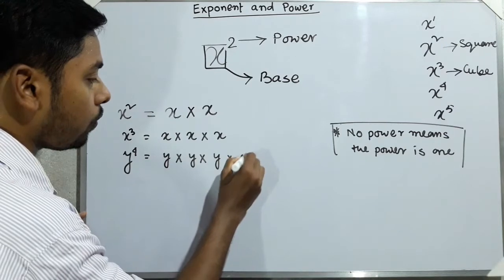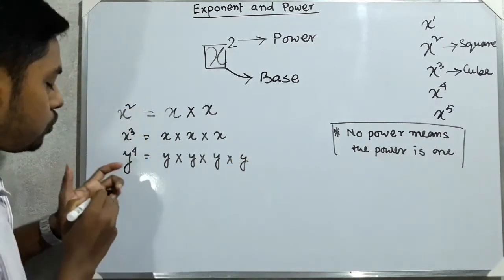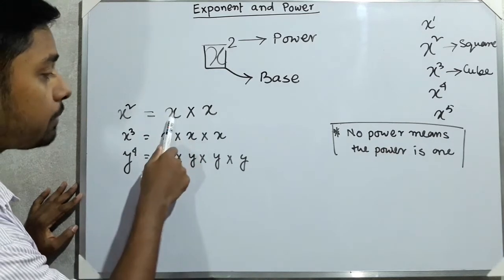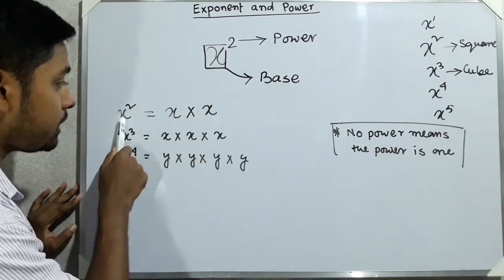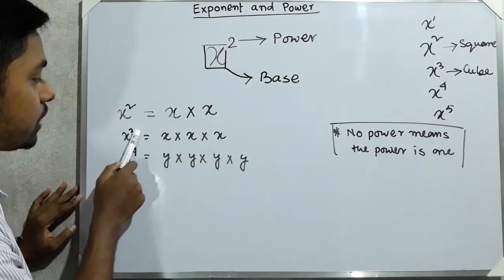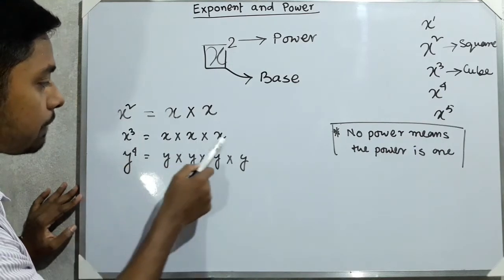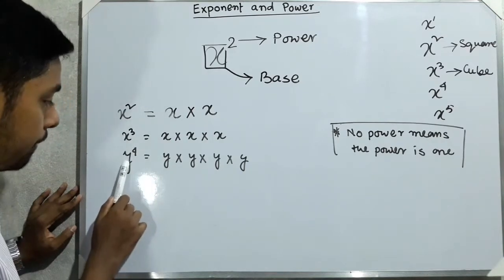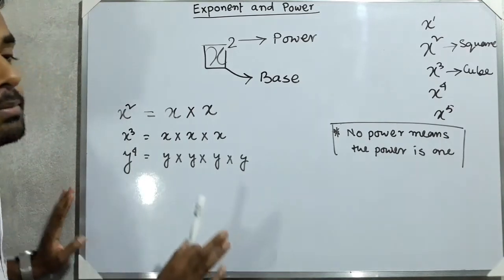Whenever the power is 2, try to understand, then we are multiplying the same number, the base, 2 times. Whenever the power is 3, then the base is multiplied 3 times. Whenever the power is 4, then the base is multiplied 4 times.